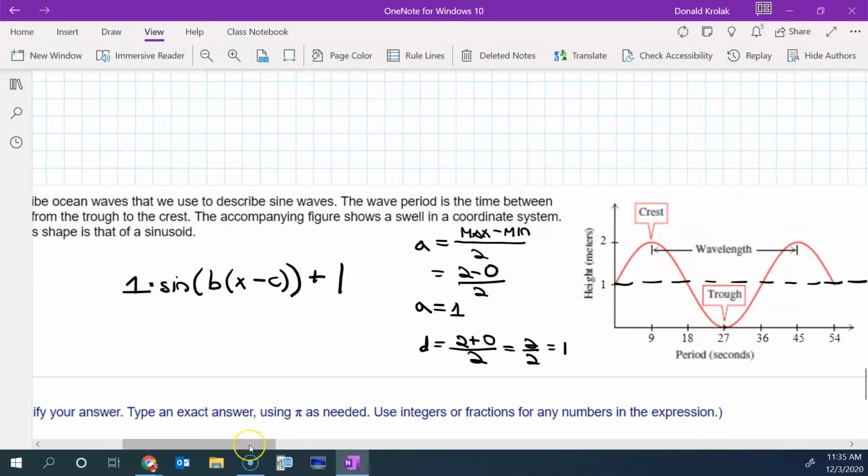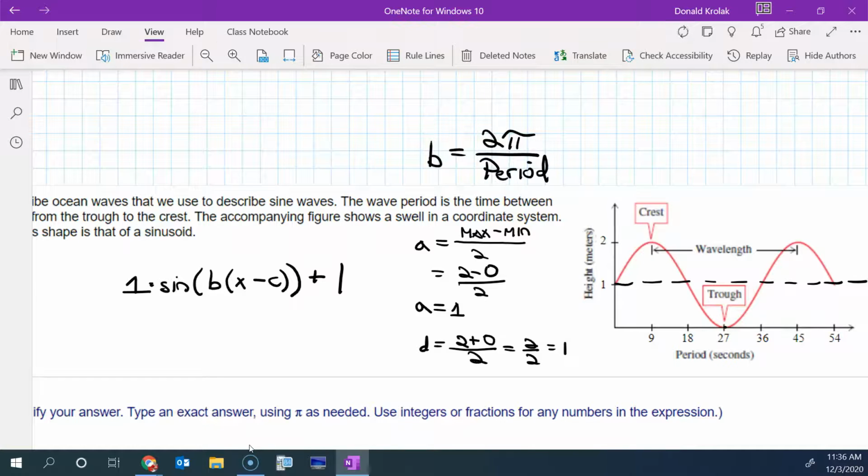Now we've got to get the frequency. So our frequency is B equals 2 pi divided by whatever the period is. You look at your drawing, I'm going to go high point to high point, 45 seconds, 9 seconds. 45 take away 9 is 36 seconds. That's my period.